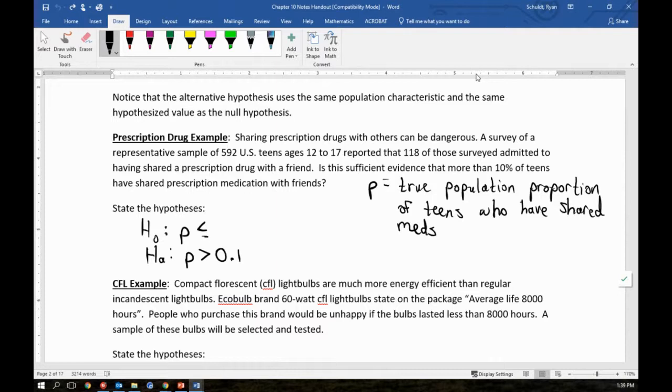Less than or equal to 0.1. Like I said, AP is always going to be equal. Yes, y'all, for the null, y'all will say p equals 0.1.